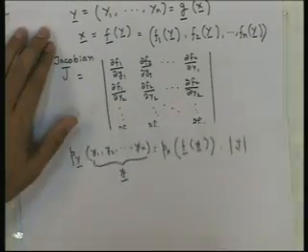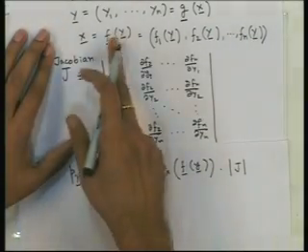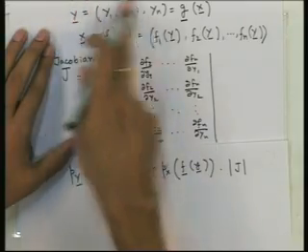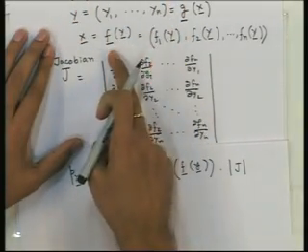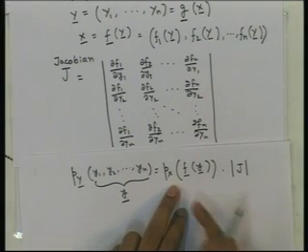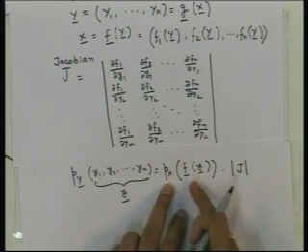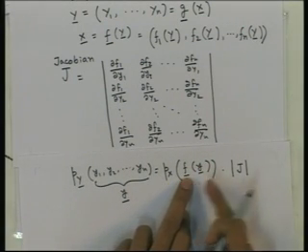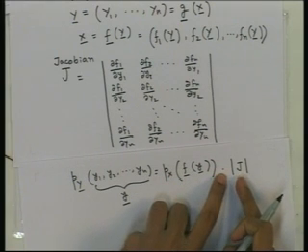This Jacobian is the Jacobian of the inverse transform. The original transform is g. We take the inverse transformation and we take the Jacobian of that. So, this density is evaluated at the inverse function, and then multiplied by the Jacobian of the inverse transform.